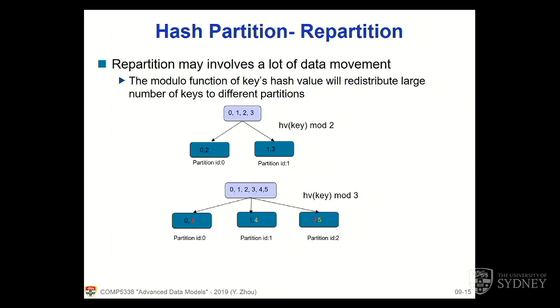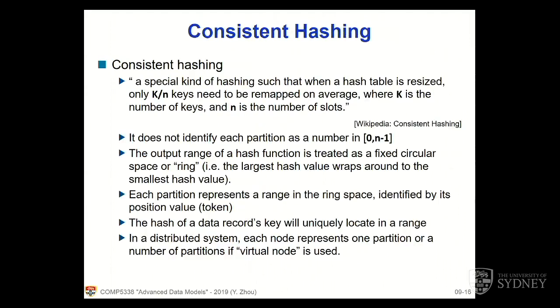And so the number of partitions will change pretty often. So we can still use a hash partition, but not the very simple one. We can use a different hash partition. That's what Dynamo uses. It's called consistent hashing. So it's still hash partition, but not using the simple modular function to do it.